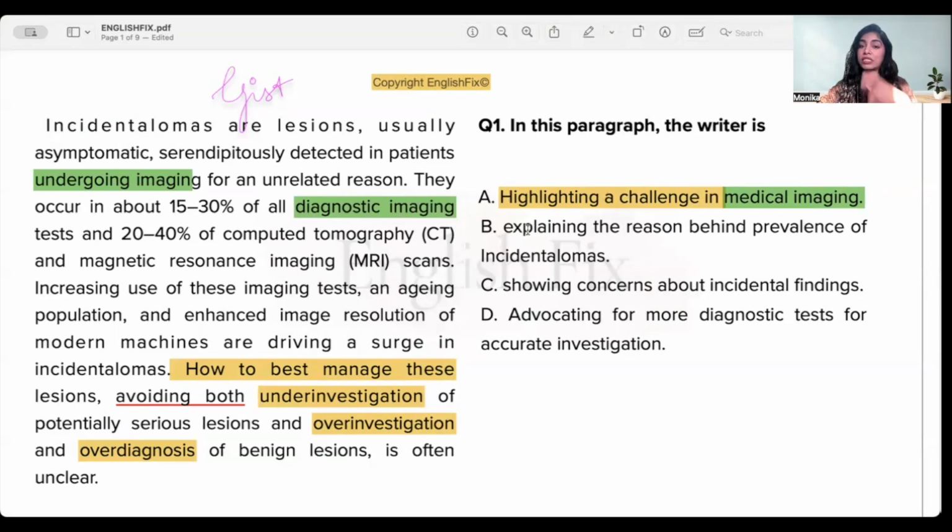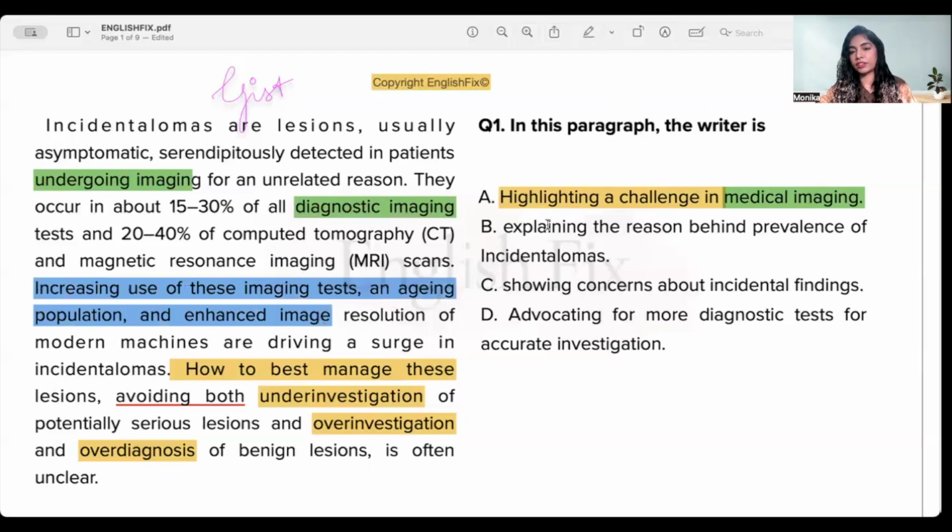Looking at answer option B, it says that the writer is explaining the reason behind the prevalence of incidental lomas. Now, if a student has chosen this answer option based on this part, I understand why you have chosen this to be an answer option. Trust me, I do. Unfortunately, this is not going to be the right answer for us.